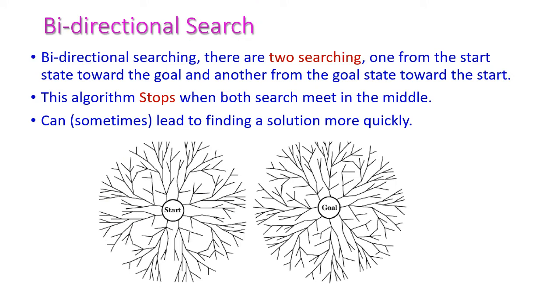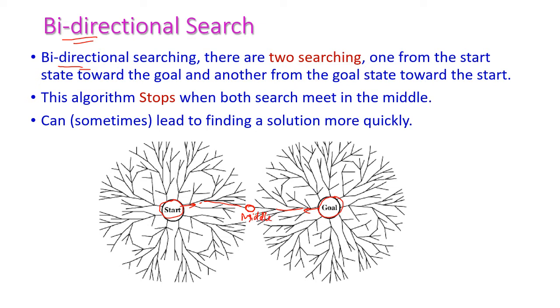Bidirectional search means two searches will be there, and those two searches will start simultaneously, one from the starting state to the goal state and another from the goal state to the starting state. The two searches will meet at one point, and this point is called the middle point.